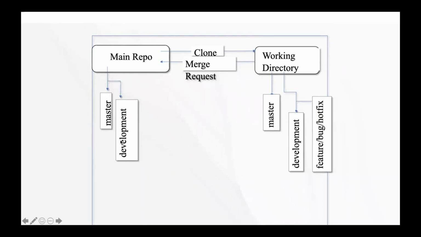Now what I will do, I will act as a new developer, developer 2, and I will clone this repository, and I will do some changes in that repository, and then we will go ahead and send a pull request to include those changes to the main repository.